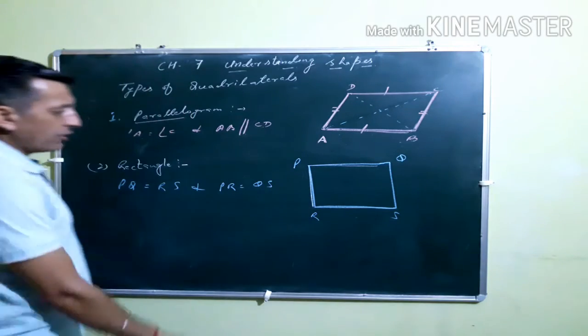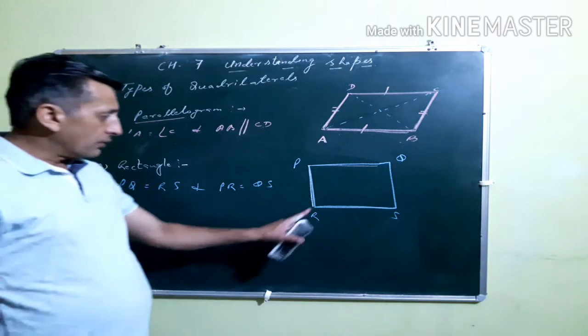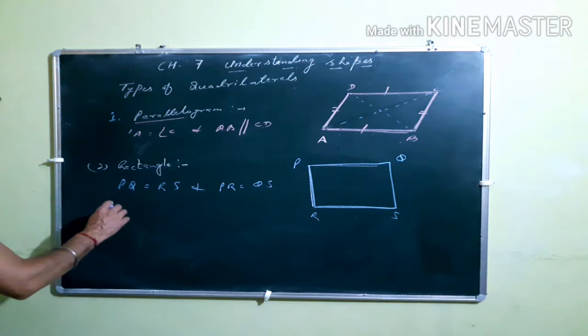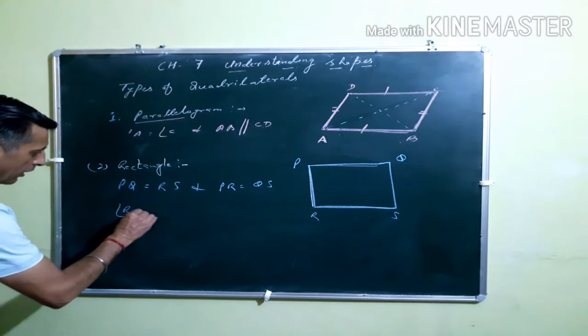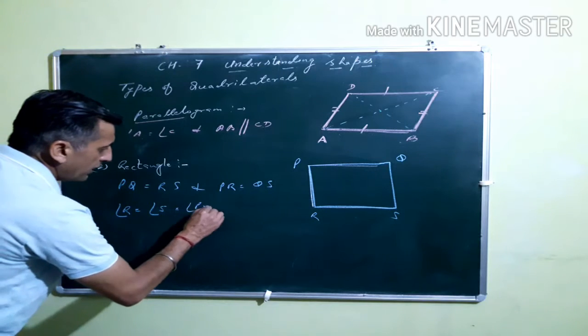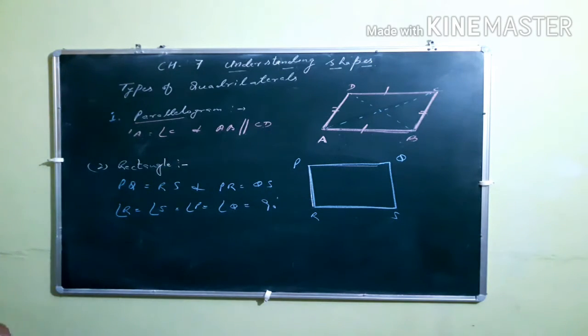These sides are equal in length, and they are also parallel. And each angle, this is a very important concept, each angle is equal to 90 degrees. Angle R is equal to angle S is equal to angle P is equal to angle Q, and each angle is equal to 90 degrees.